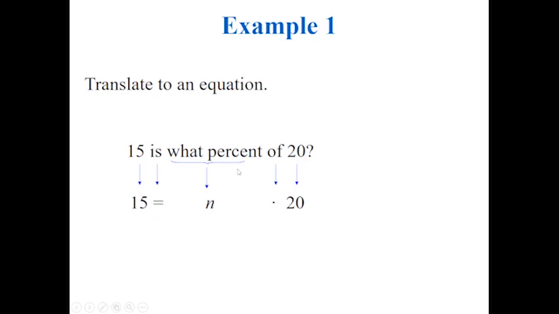What percent is going to be our unknown. We're going to call that n instead of x in this example, but x is perfectly fine as well. Of means multiply, and 20 means 20. So this literally means 15 is what percent of 20?